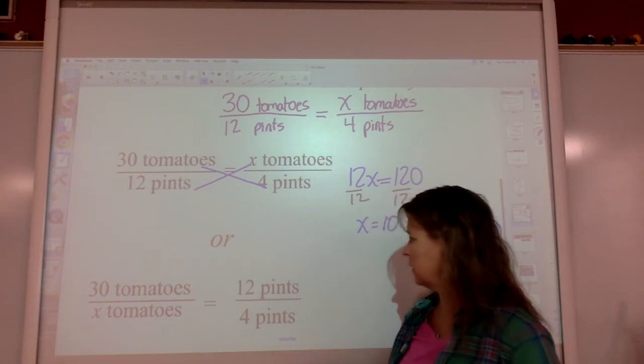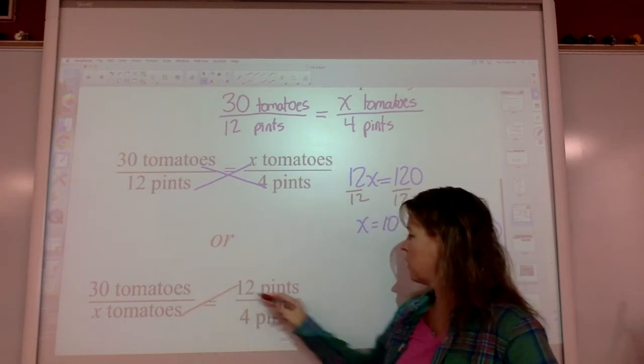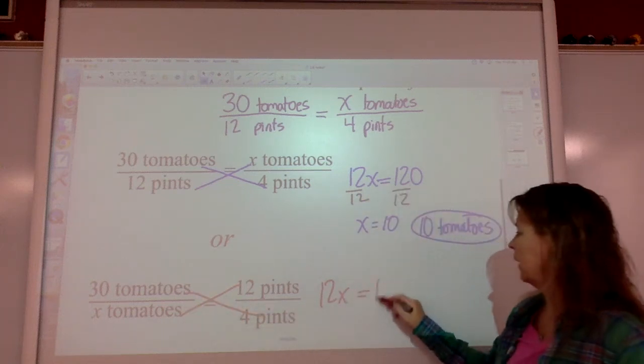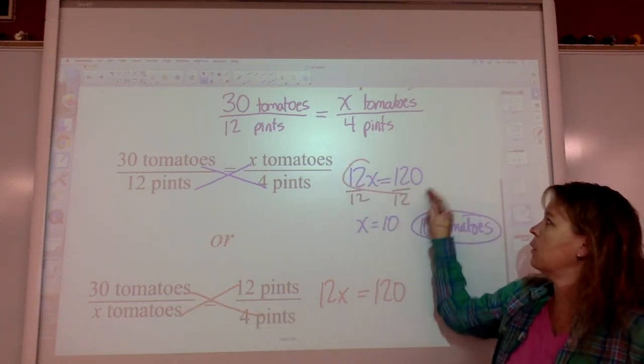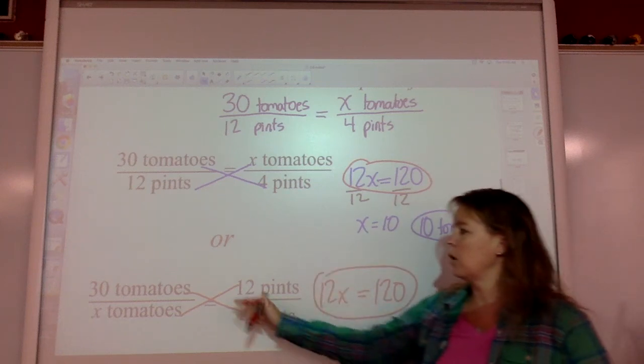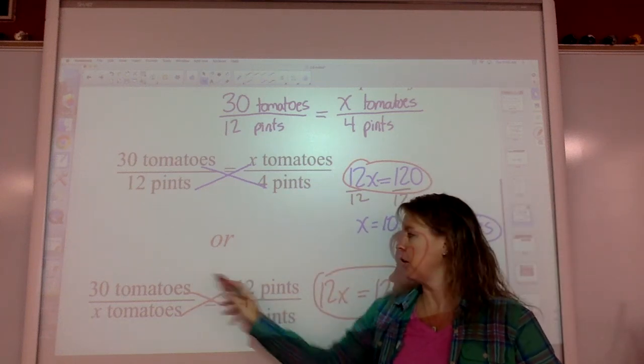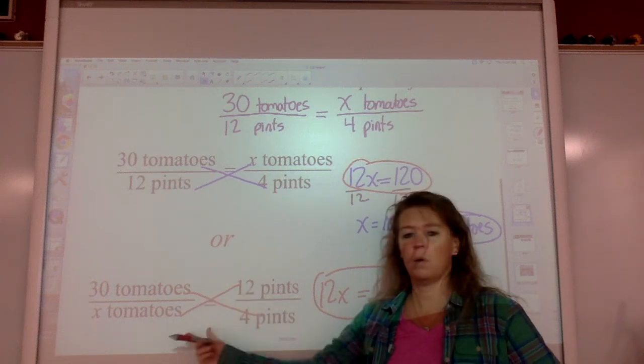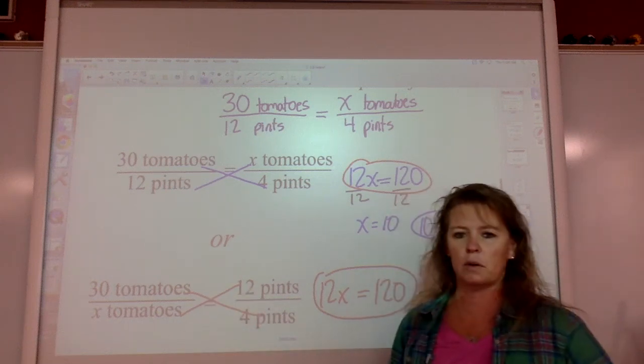Watch what happens when you do this. It still works. When I cross multiply, I get 12x. Put the equals in between. Oh my goodness, you get the exact same equation, as long as you go tomatoes, tomatoes, pints, pints. 30 and the 12 have to go together because they were in the same recipe. X and 4 go on the bottom because they're in the recipe you're looking for.